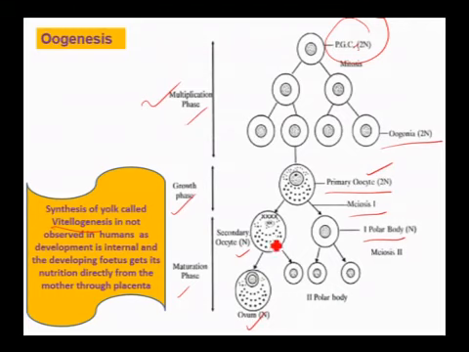The secondary oocyte gives rise to one egg or ovum, which is larger, and one smaller body. Similarly, the first polar body also undergoes meiosis 2, resulting in two more polar bodies. As a result, each primary oocyte gives rise to one egg or ovum and a total of three polar bodies.